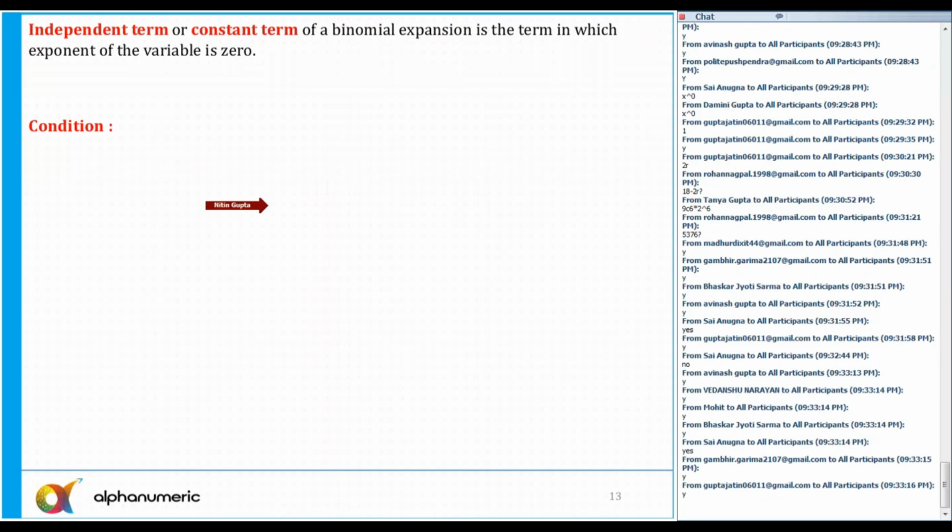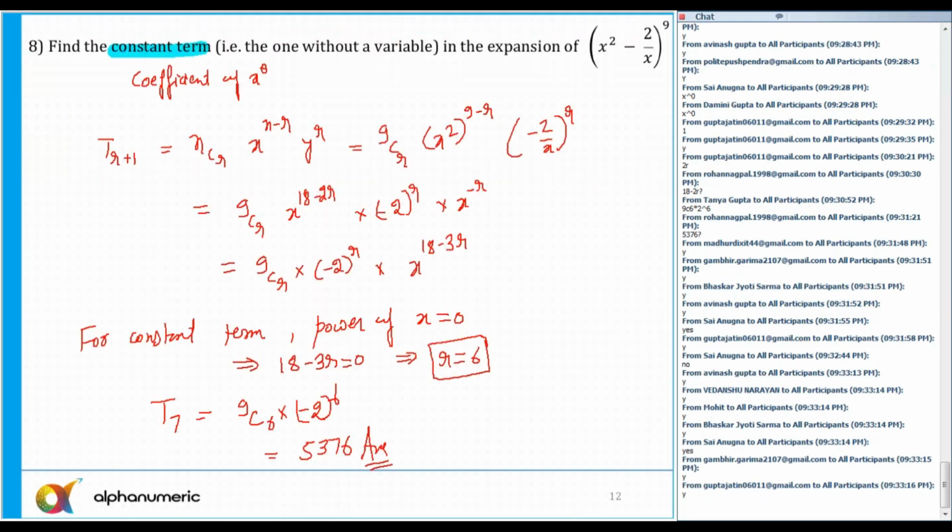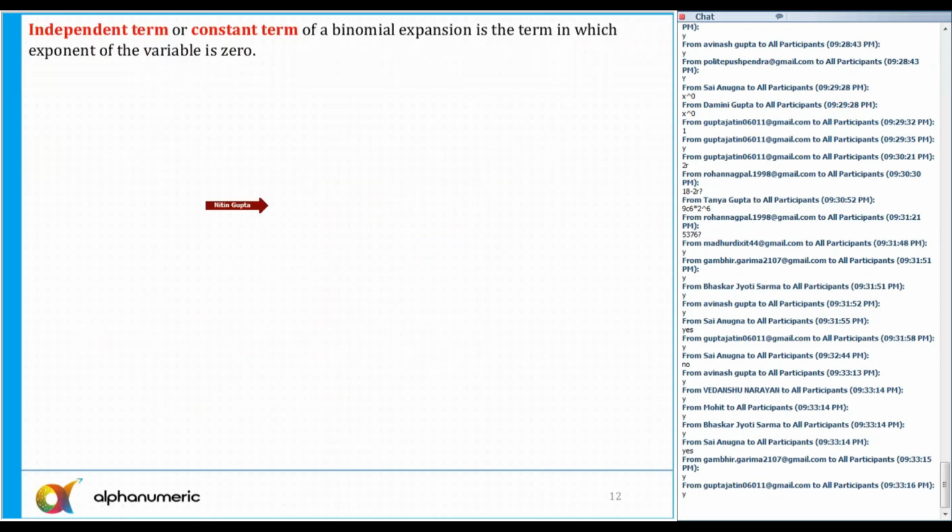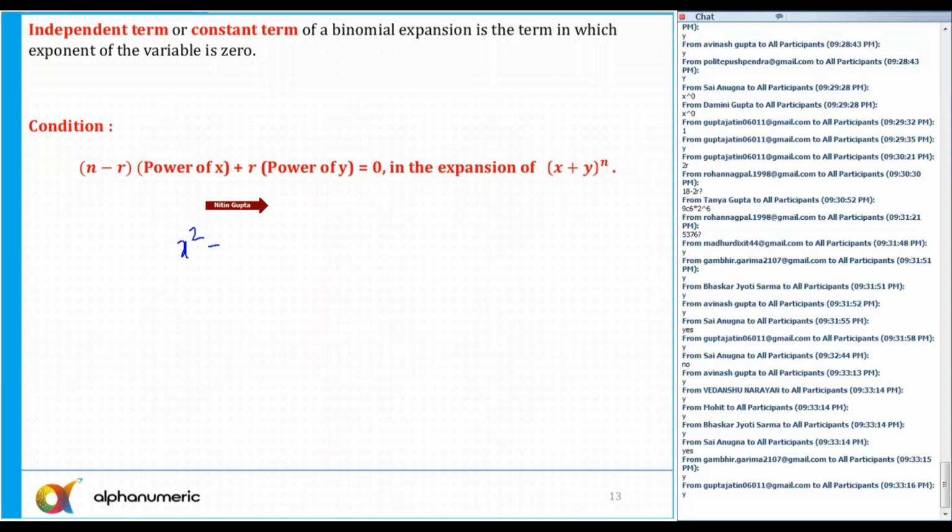Like even in the previous case, if I follow the previous question, which was x squared minus 2 by x, raised to power 9, I'm just showing with the help of this example. If I'm using this here, that is n minus r, so 9 minus r into the power of x, which is 2, plus r into the power of y. What is the power of y?